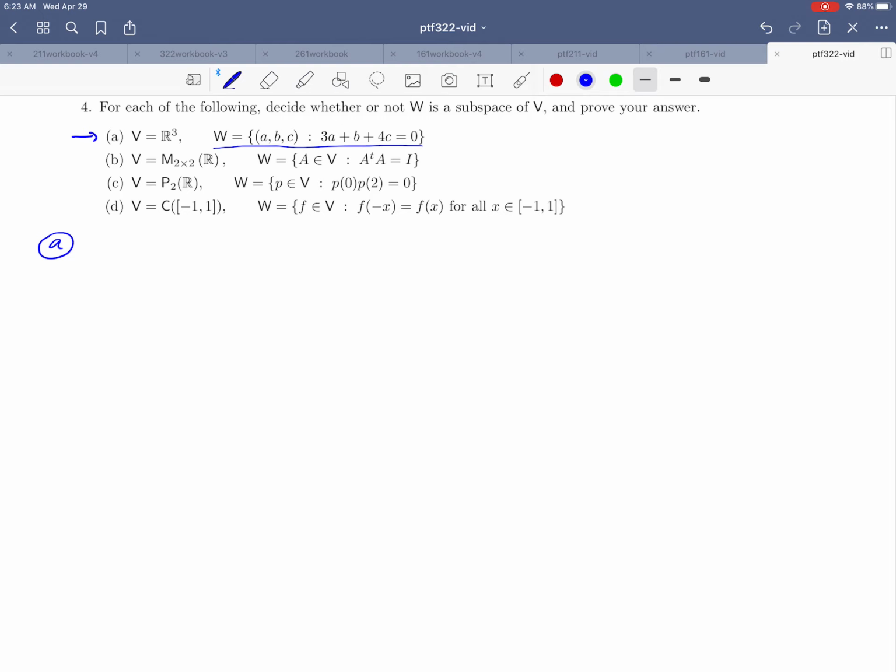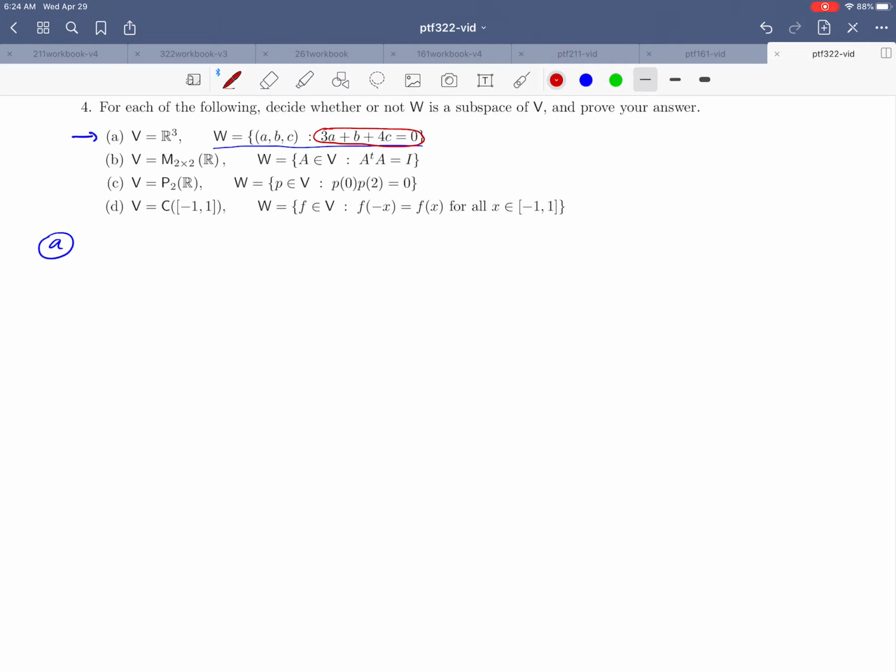There was a theorem that said that the span of a set of vectors is always a subspace. That's the strategy I'm going to use here. I'm going to try to demonstrate that W can be expressed as the span of a set of vectors. To get started, we might notice that 3a + b + 4c = 0.